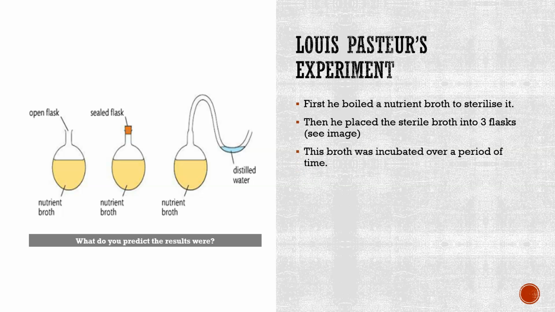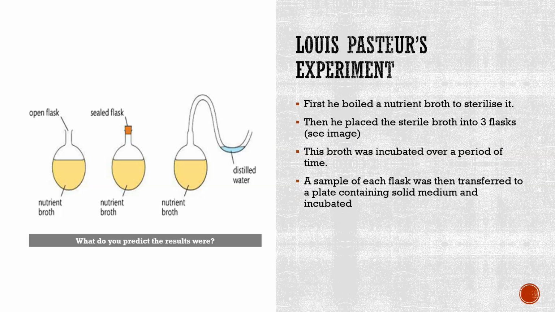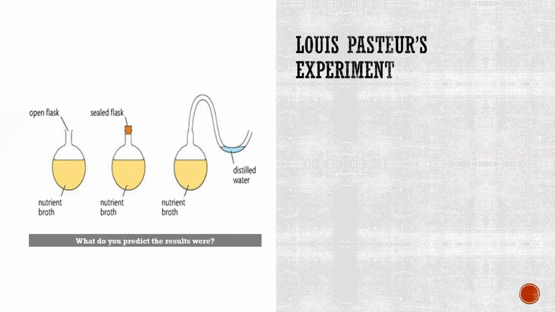So this broth was incubated over a period of time in these flasks, and a sample of each flask was then transferred to a plate containing a solid medium and was further incubated.